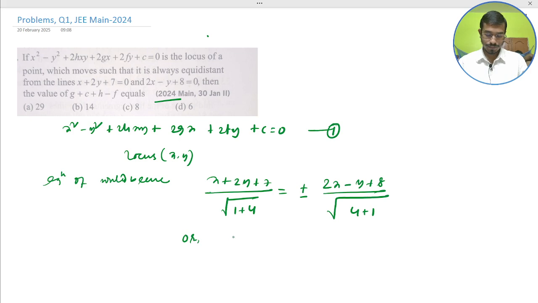So x plus 2y plus 7 is equal to plus minus (2x minus y plus 8).